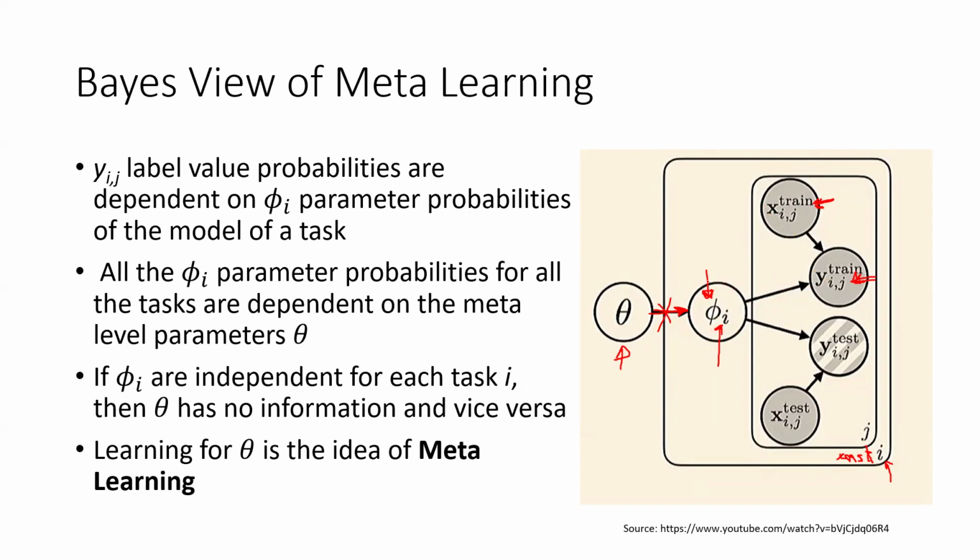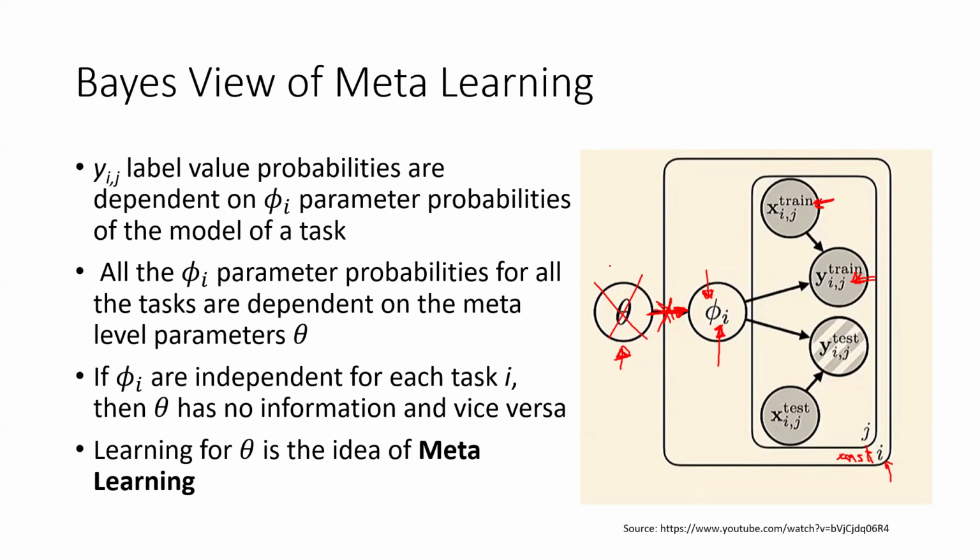Now what you have to understand is that when you are defining the model parameters, these model parameters may be dependent on some common insight parameters known as theta parameter. And also this model may contain some of its own parameters. So if the model parameters are independent from each other, then we can't do the meta learning because there are no theta random variables.